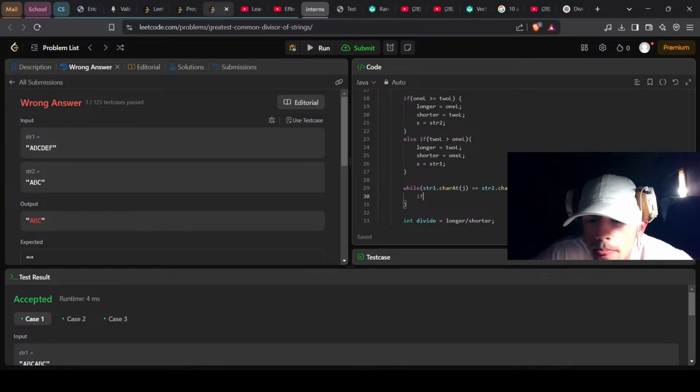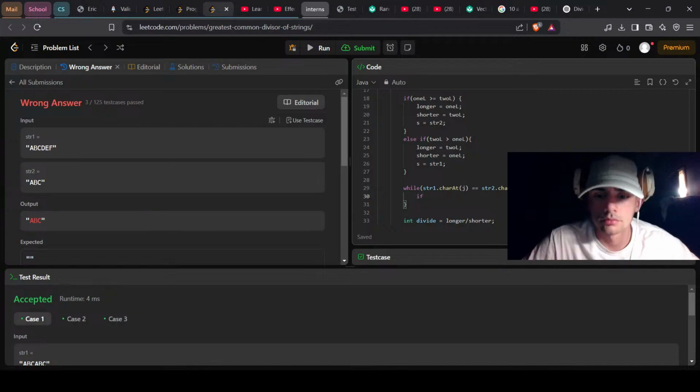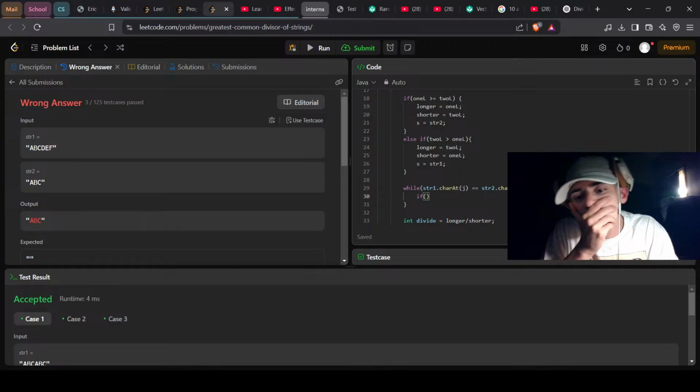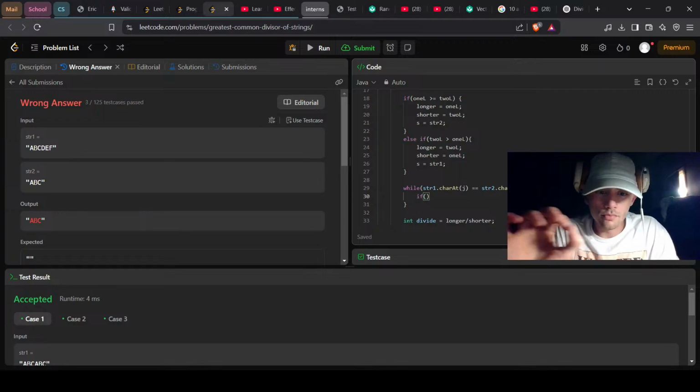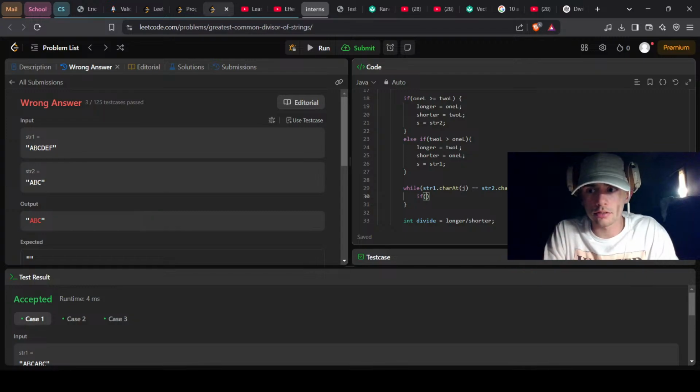While the first two characters are the same, and the next two and the next two.